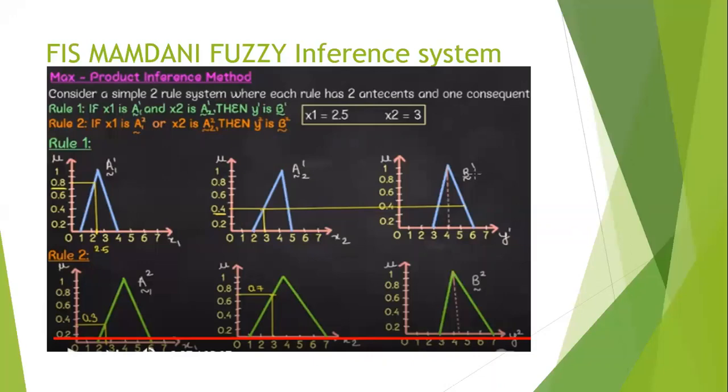All these a1, a2 are fuzzy sets only. In the second rule, you are considering OR operator, which has again two antecedents and one consequent. Hope it is clear for everyone.